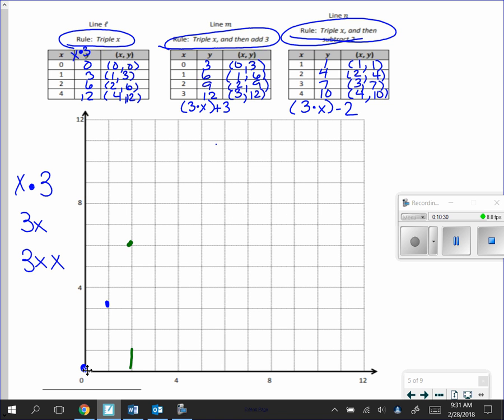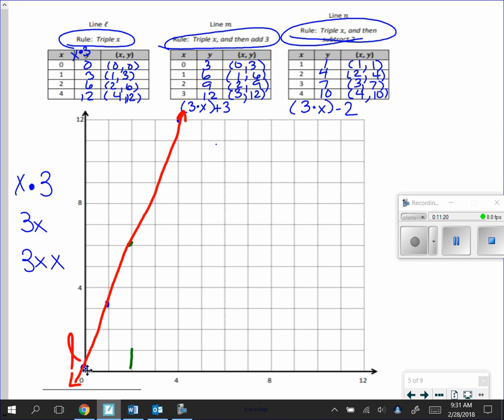All right, and Serena, the fourth point of line L. So line L looks something like that. A little bit straighter.